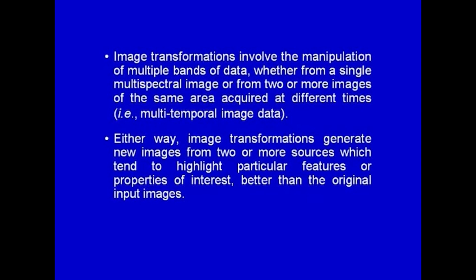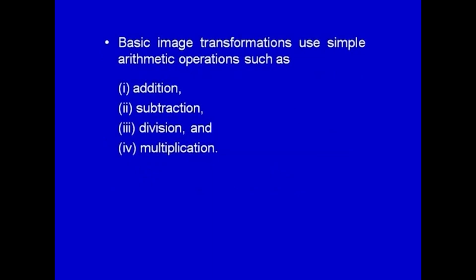Either way, image transformations generate new images from two or more sources which tend to highlight a particular feature or property of interest better than the original input images. The basic image transformations use arithmetic operators such as addition, subtraction, division and multiplication. So, now let us look at these basic arithmetic operators one by one.